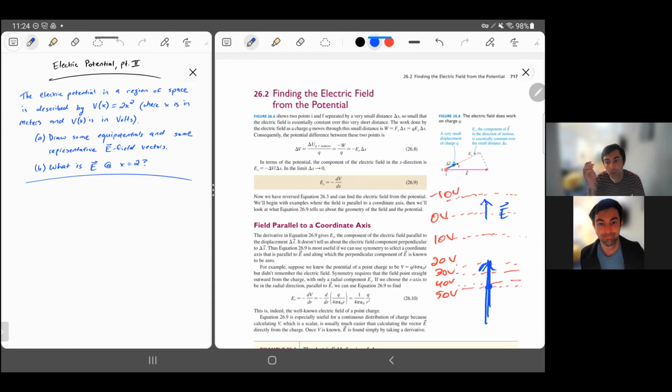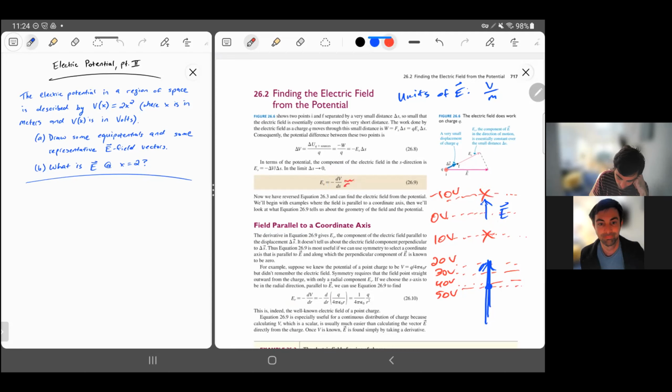And remember that the units of E are volts per meter. And again, you can see from this formula, it's volts per meter. And so what you can do is estimate the electric field by saying, well, okay, we have 10 volts here and negative 10 volts here.